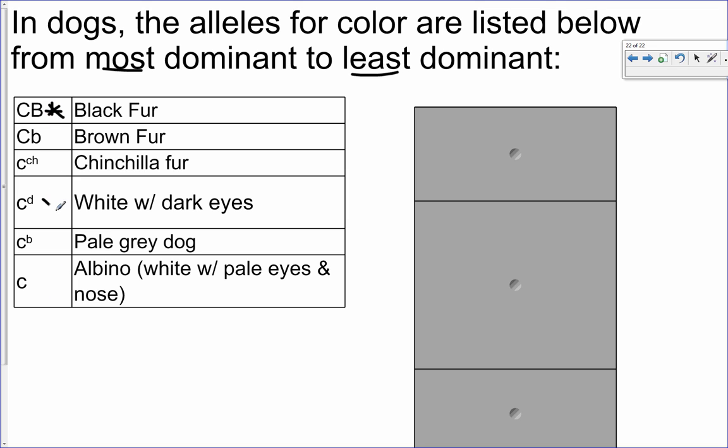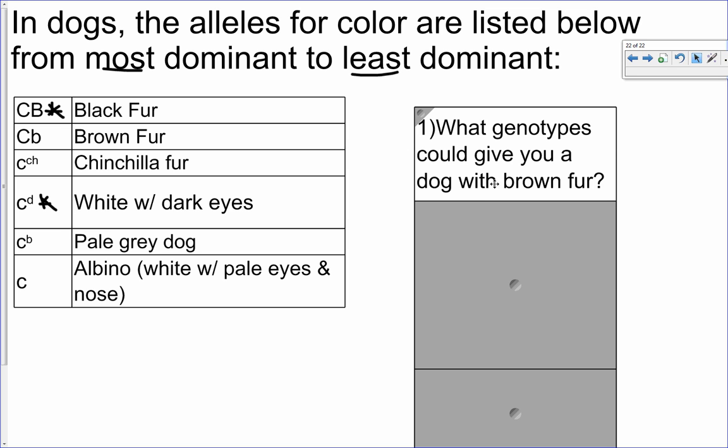You can do big C, little b, little c, ch. That would give you brown fur. So would this. Oops, let me undo that one. That would give you brown fur because this is less dominant than that. So here we're kind of back to simple dominant-recessive. Anything that's more dominant covers up the other one.